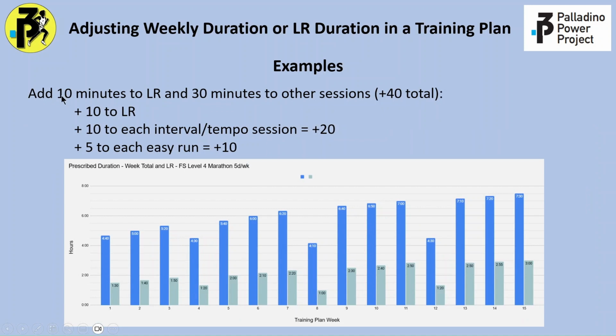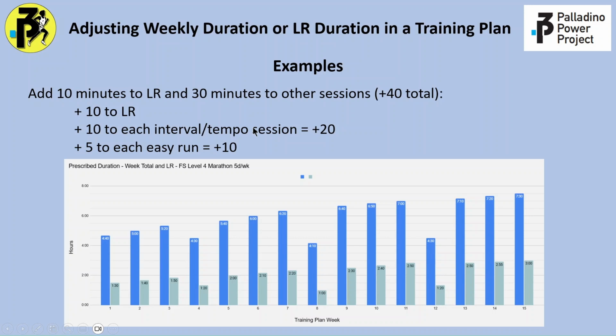Here's another example. Let's say we're adding 10 minutes to the long run, 30 minutes to the other sessions, so 40 minutes total. So we're adding 10 minutes to the long run, so that becomes 3 hours and 10. This becomes 140, and extrapolate in between. You're adding 10 minutes to each interval and tempo session. So that's plus 20.